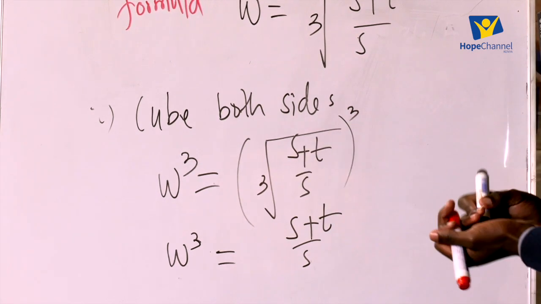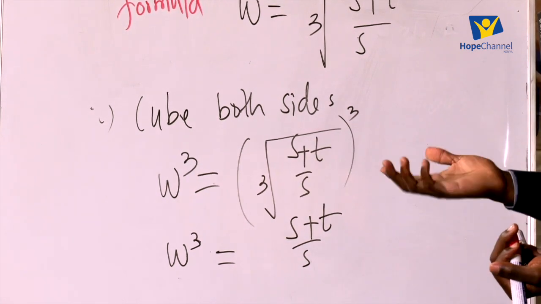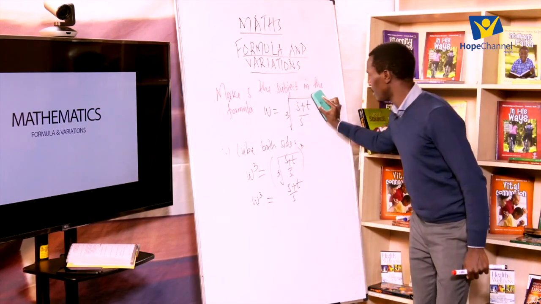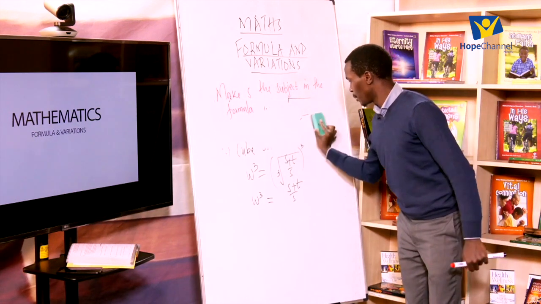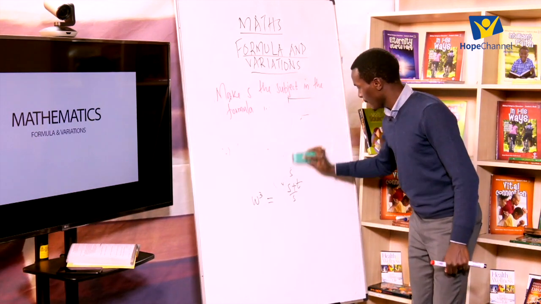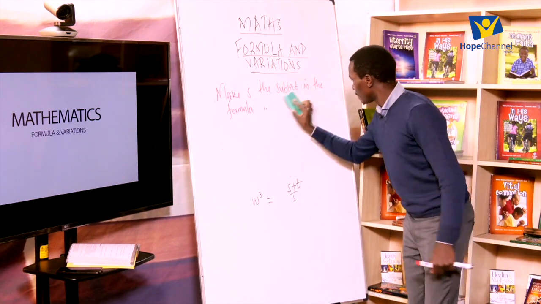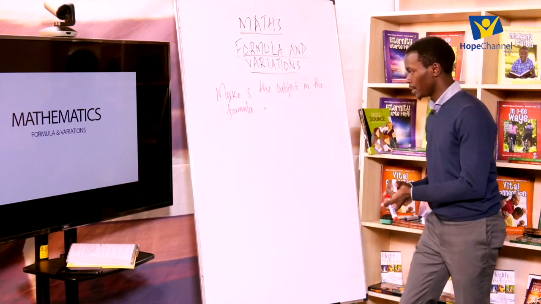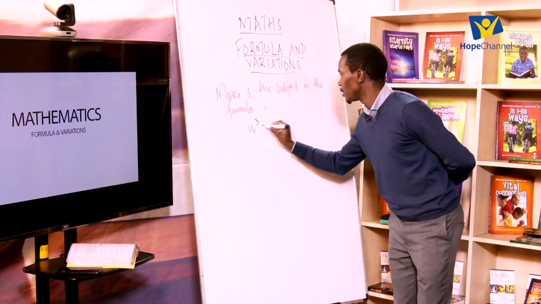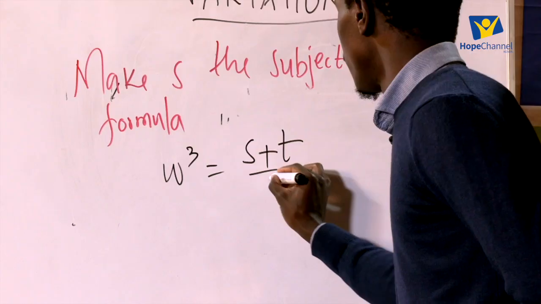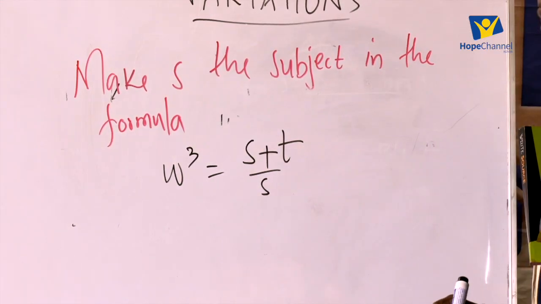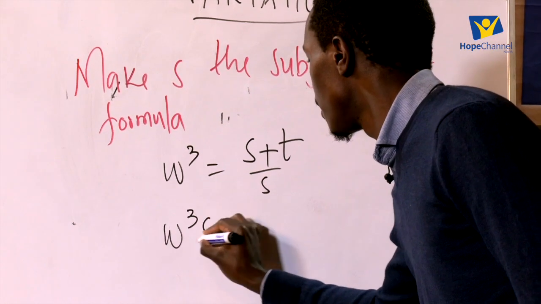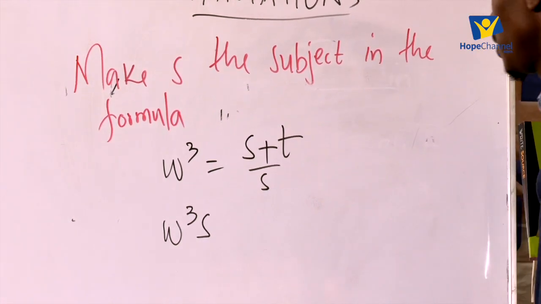So by doing away with the cube root sign, we can now be able to express S in terms of the rest, or rather to make S the subject. I think now we can clean this first part here because we don't need it again. So it was W cubed is equal to S plus T over S. Now by cross multiplying, we will have W cubed S, or you can have it as S W cubed, there is no problem.